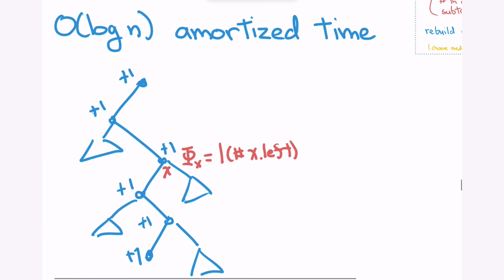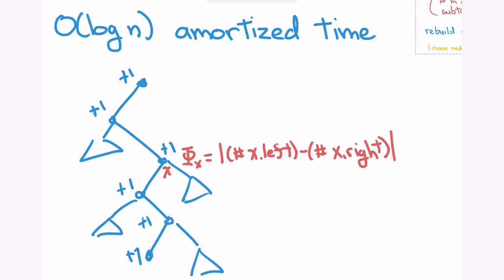So if this was some node x, I might write phi of x is equal to, maybe the number of vertices in the left subtree, I'm just making up some notation, minus the number of vertices in the right subtree, the absolute difference. And I'll have that for every node.